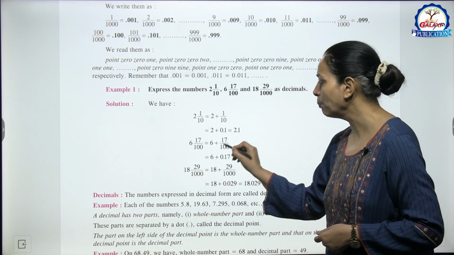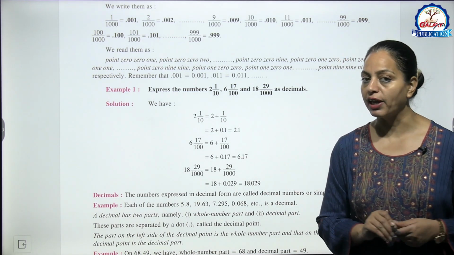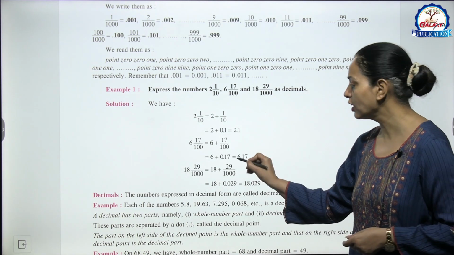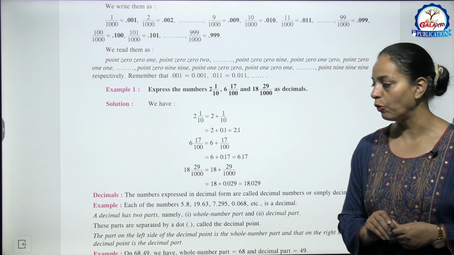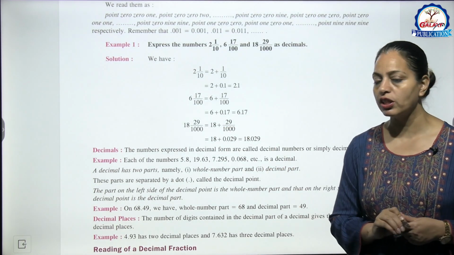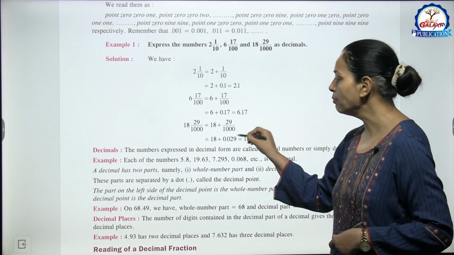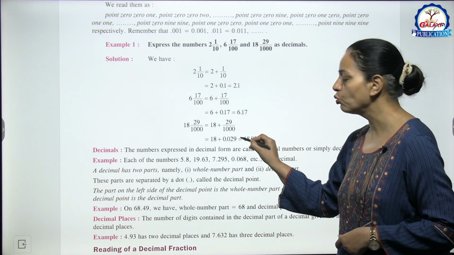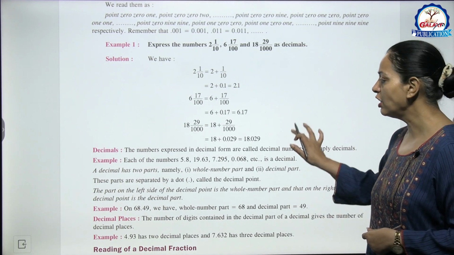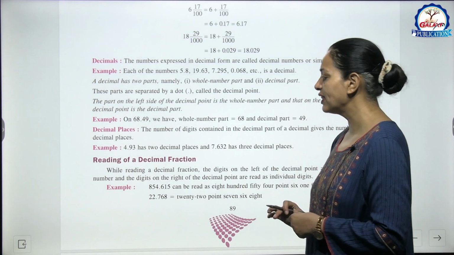It becomes 6 plus 17 by 100. 17 by 100, what can we write for this? 0.17. So 6.17. Okay. The next is 18 whole 29 by 1000. So 18 plus 29 upon 1000. It becomes 0.029. So what is the answer? 18.029.